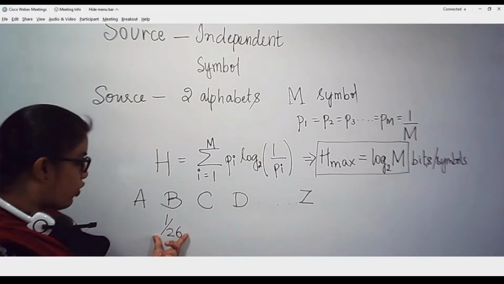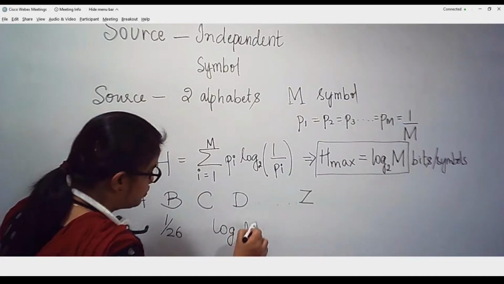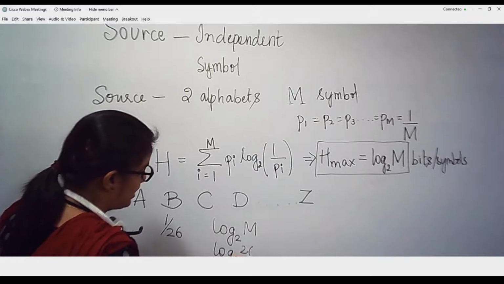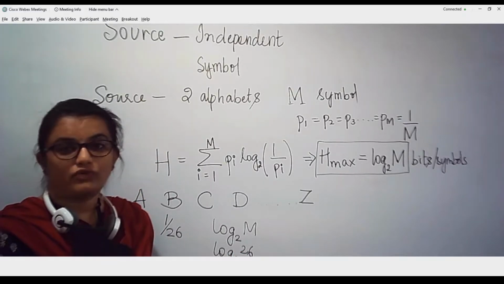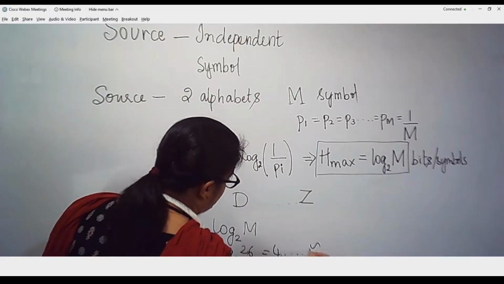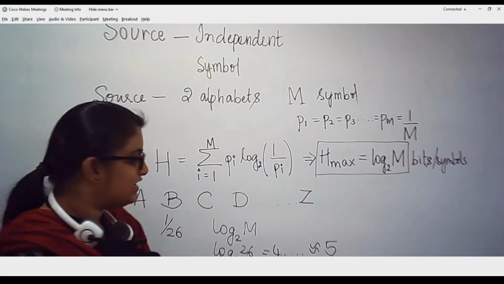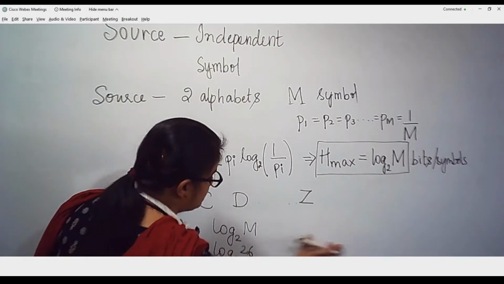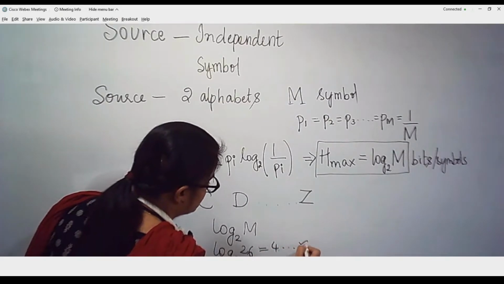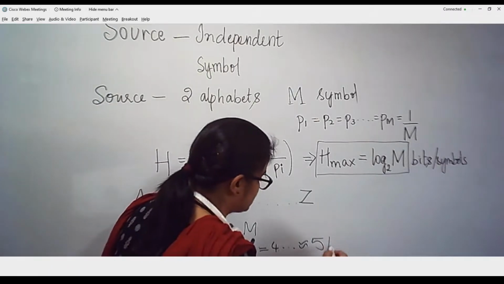If I want to code this, I shall make use of log m to base 2, where m is 26. But this is not going to give me an appropriate value. It gives me a fraction which amounts to around 4 point something. You can calculate it out. We are going to equate it to the nearest higher integer, which would be 5, so I am making use of 5 bits to represent one symbol.